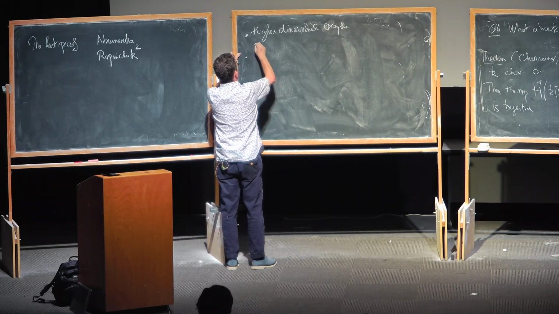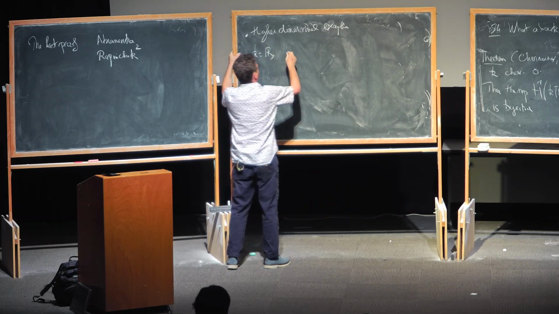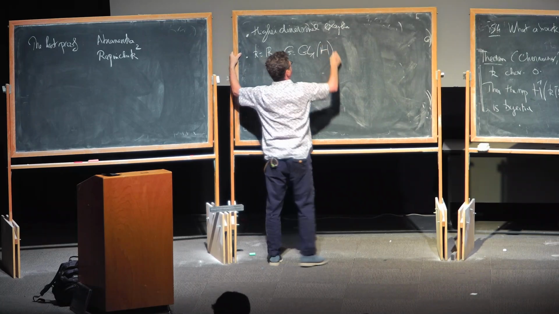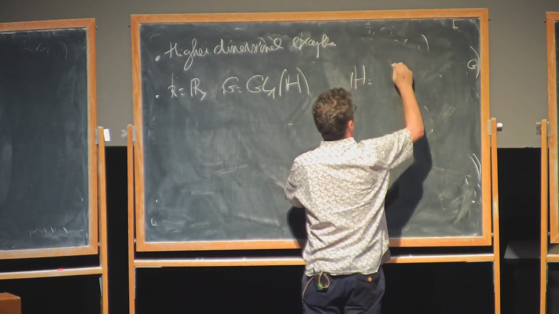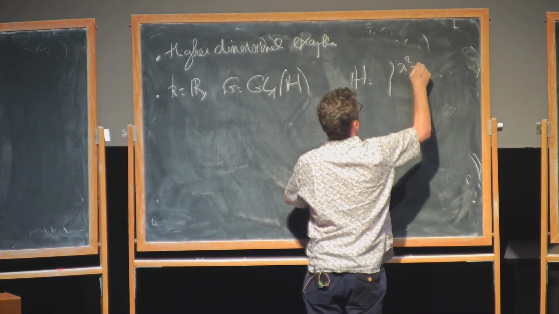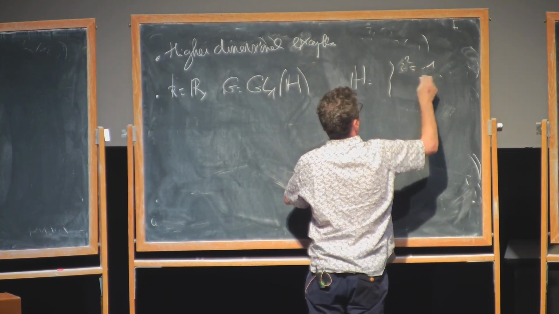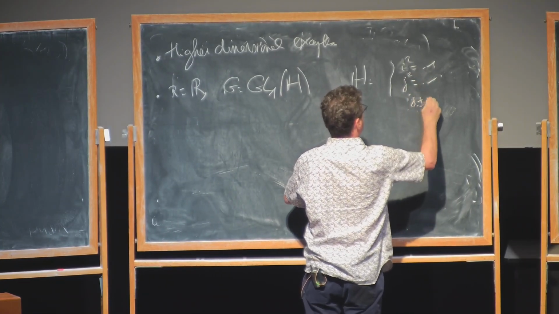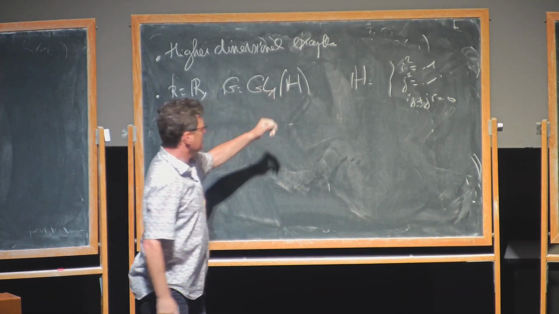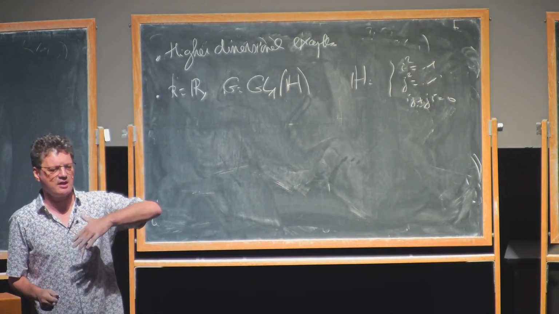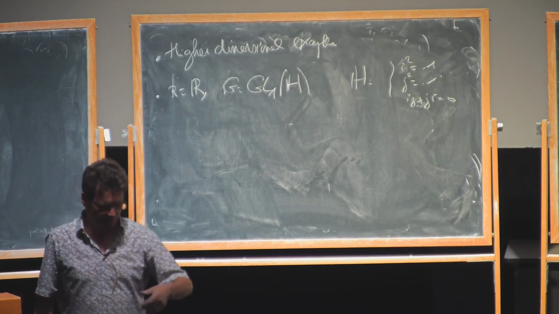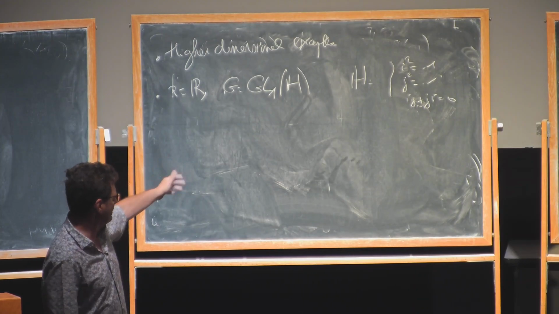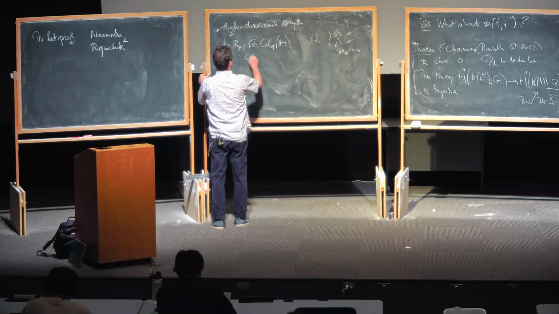So you can take as base field R, and you can take G to be the unit group of the Hamilton quaternions. Okay, so H, Hamilton quaternions, with i squared equal to minus 1, j squared equal to minus 1, and ij equal to minus ji. Okay, so this is a form of GL2, because when you extend H to the complex numbers, it becomes the 2 by 2 complex matrices. And so this group, when you extend to C, G extended to C, is GL2.